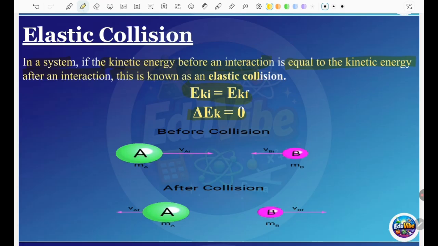We just have to memorize that EKi is equal to EKf. If before and after are the same, then we say that it is an elastic collision.